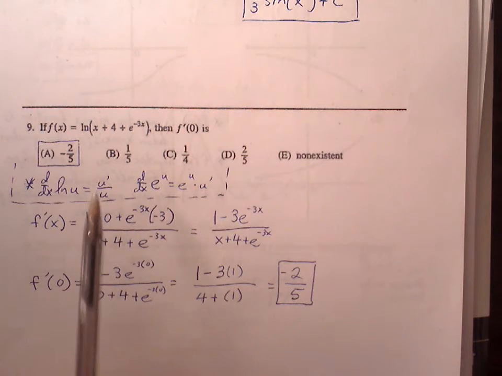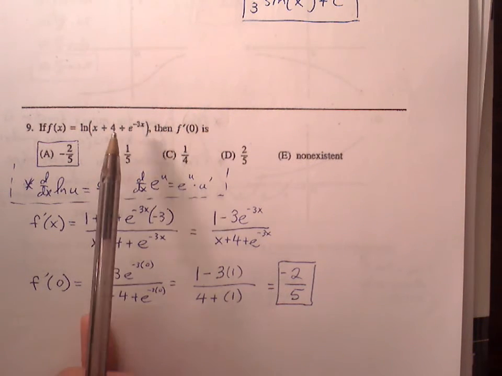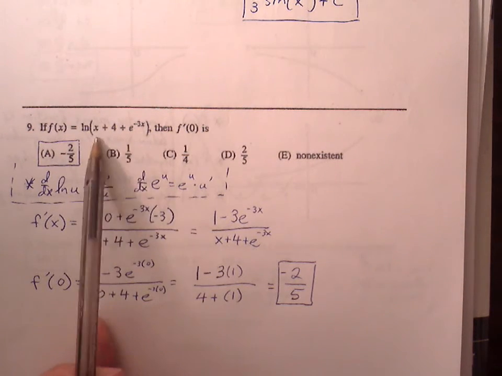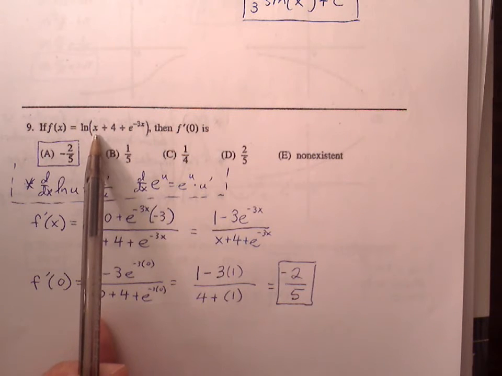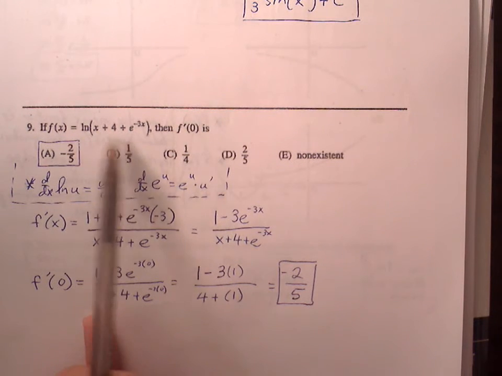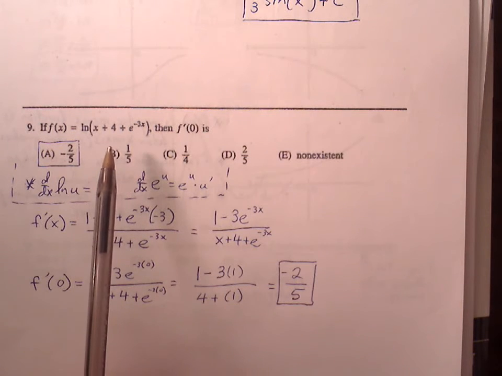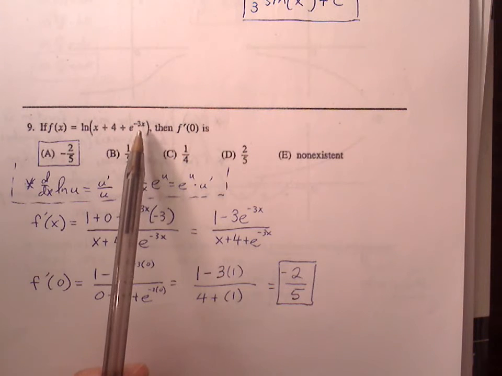Okay, so first things first, we're going to apply the rule that applies to a larger portion of the problem first. So natural log of u, so this entire expression is my u value. So u prime over u means I'm going to take the derivative of each term inside the parentheses. So x derivative becomes 1, 4 goes to 0, e to the negative 3x, that's a special rule, which is e to the u.